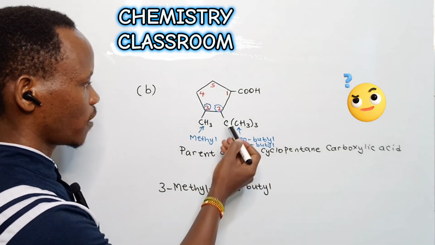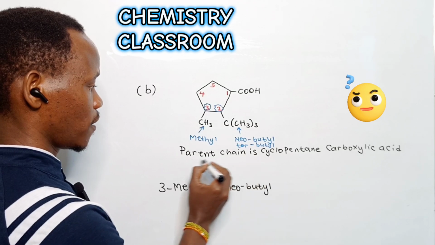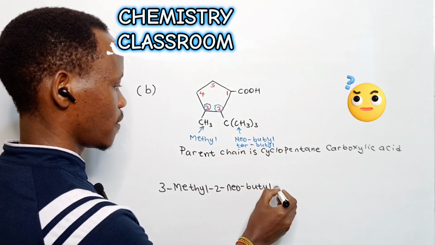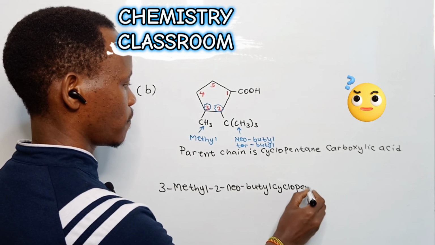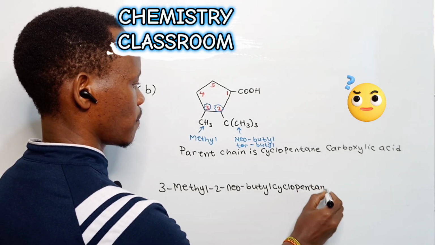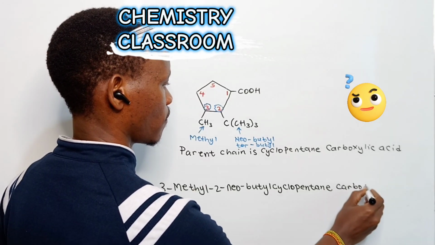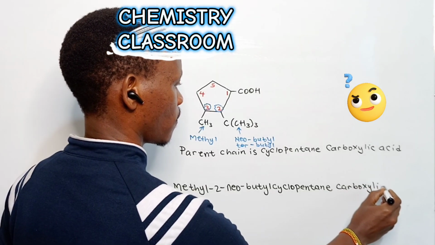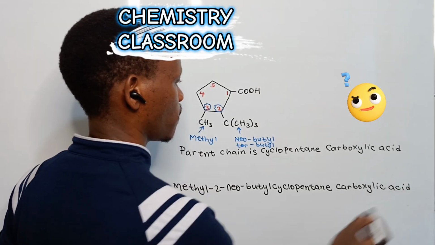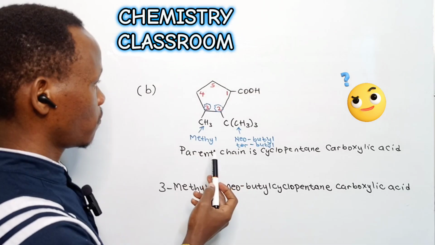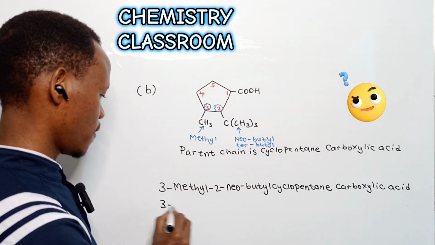at this point we have already written down the names of the alkyl substituents. Now what is remaining is the parent chain. The parent chain is cyclopentane carboxylic acid. The other name of the compound, since there are two names here, can also be 3.